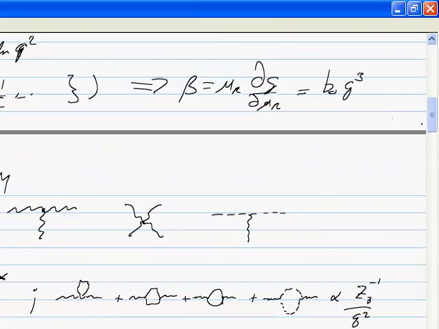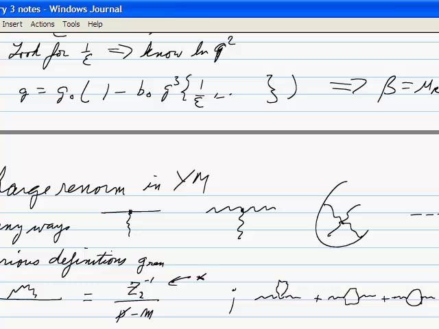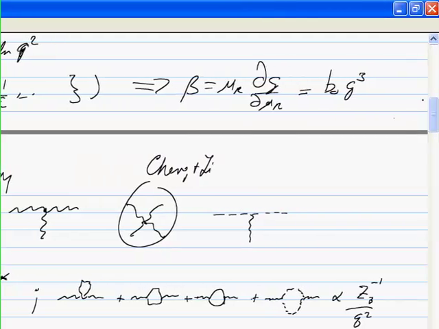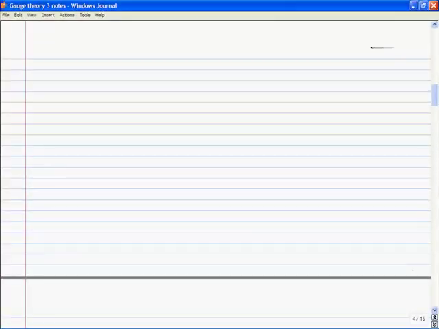They're done in different books in different ways. If you want to see the one using this vertex here, you can go to Cheng and Lee. They do a complete job on that. I'm going to do the one that's closest to what we did, where we do these guys, the fermions, because we can build on all the stuff that we've already done. So the first thing I'm going to talk about is the vacuum polarization.